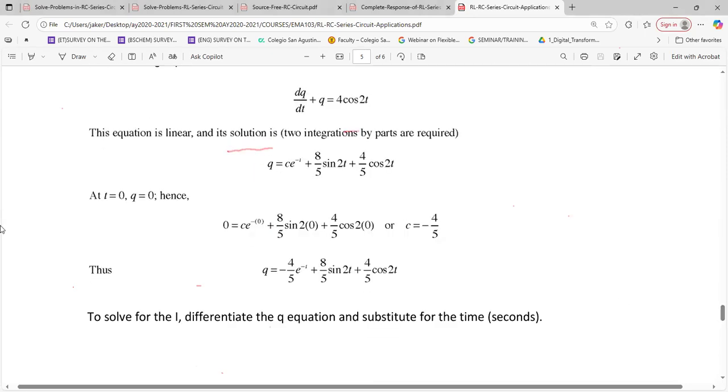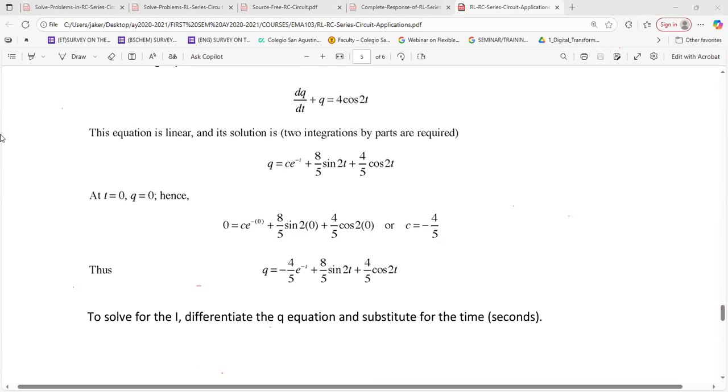So, sorry. So, negative 4 over 5 for the C, e raised to negative t, and all this will be copied. This is not yet the answer because the problem is asking for the current at any time t. So you just need to differentiate this.